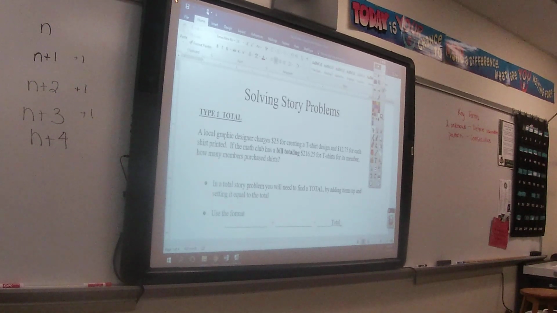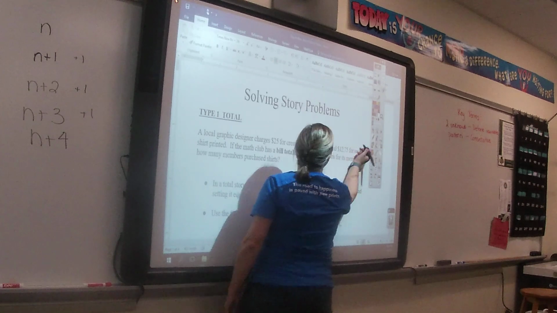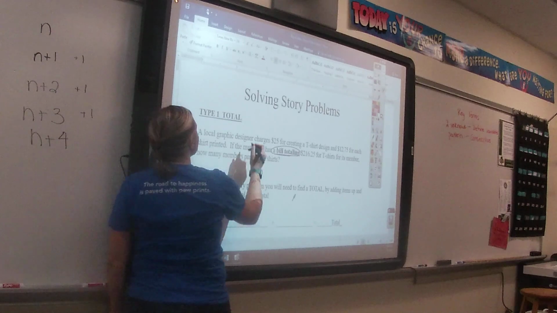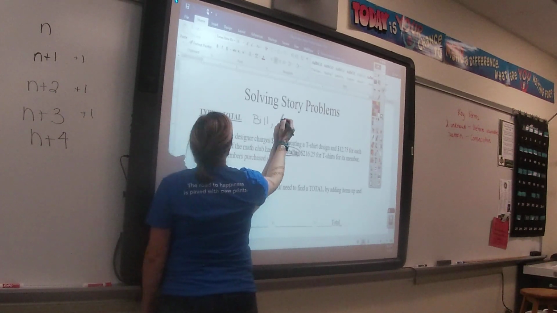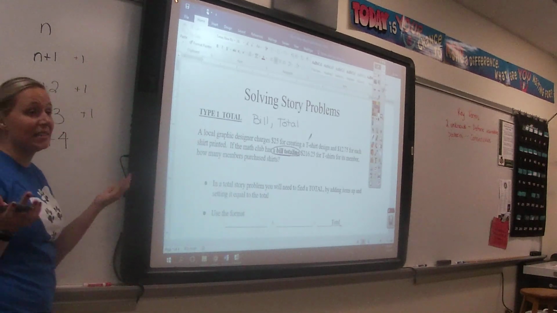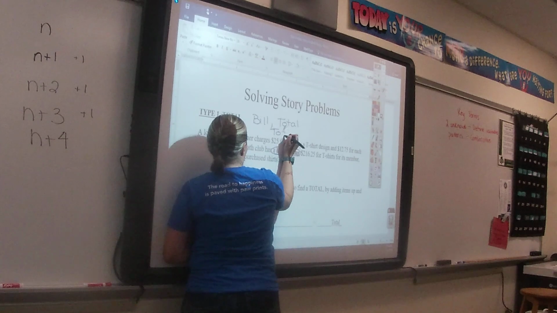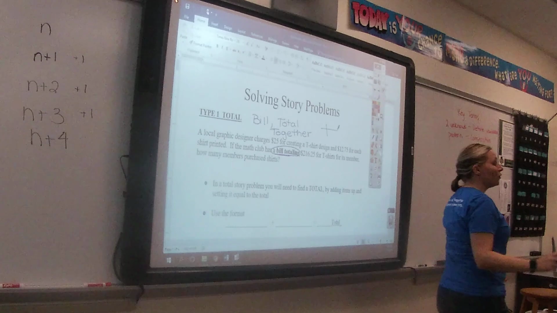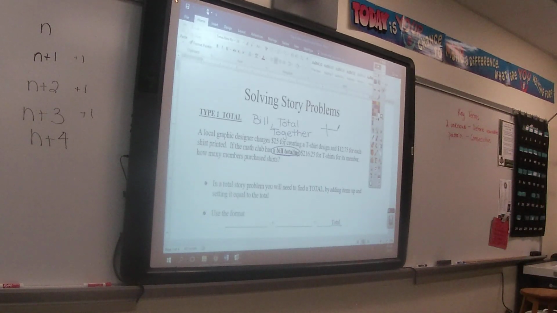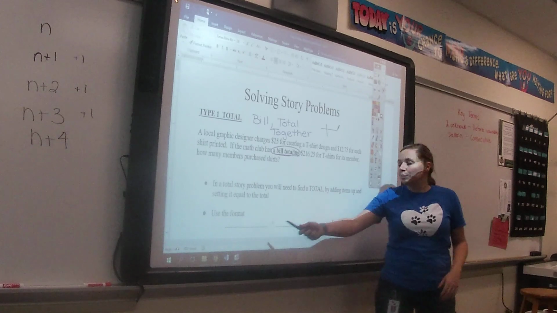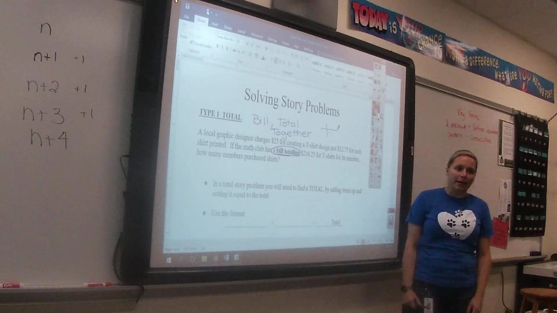Instead, in this story problem, we see something that is talking about a total. Anytime we see something that has a bill, that's talking about a total, that is telling us to take everything together. And what does together always tell us to do? Add. So if we see bill, total, or all together, as soon as we read that, we should write down on our paper: blank plus blank equals blank.